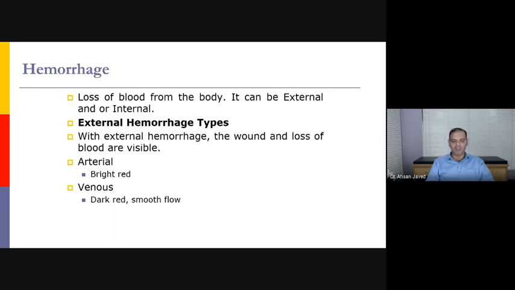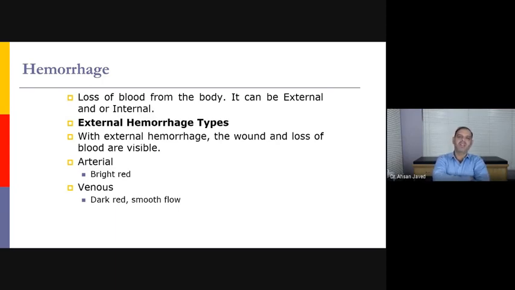Venous blood is dark red, and it has a smooth flow. We may not immediately identify whether the blood coming from the skin is arterial or venous in origin. The difference is in the color. The arterial blood is more bright red in color, whereas the venous bleeding is dark red in color.